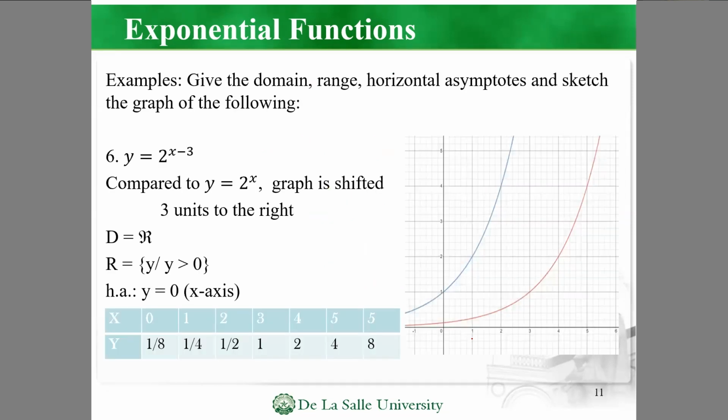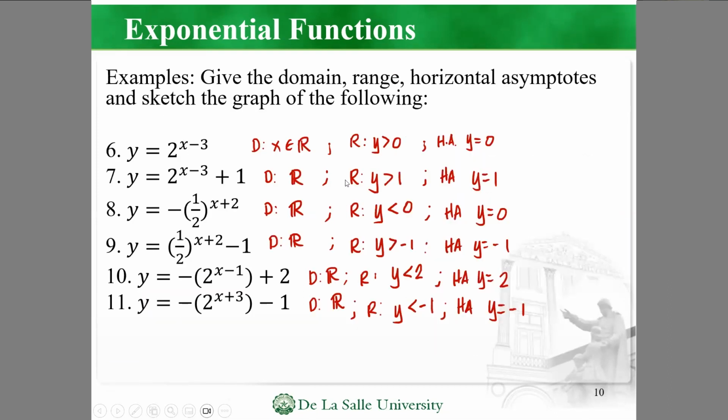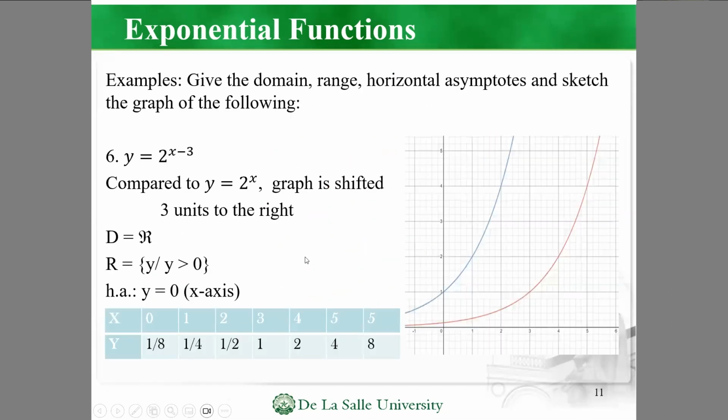So let's check. Ito, these are the graphs. Look at this. The domain, range, and the asymptote, you don't have a problem in identifying those. The thing is, you just have to know how to graph it. Remember the graph that we had earlier, the blue one? Now it says here x minus 3. Isn't it that it's always opposite?